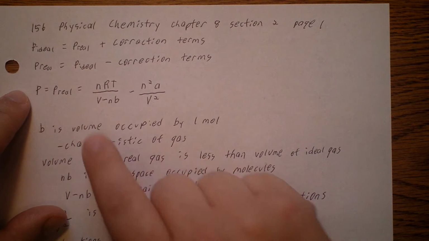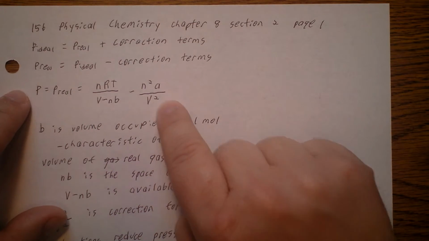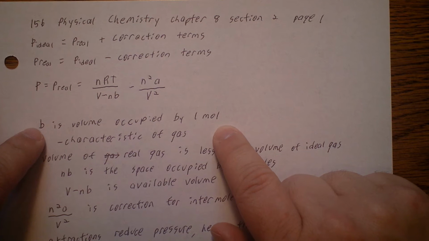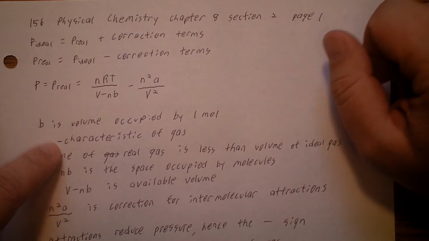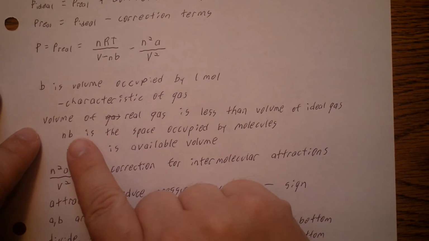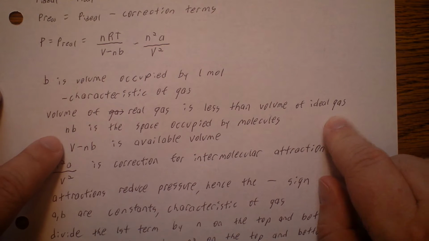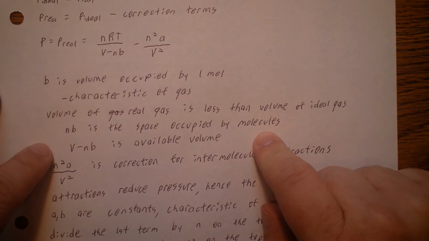So the pressure of a real gas is equal to nRT over V minus nb, minus n squared a over V squared, where b is the volume occupied by 1 mole, and this is characteristic of the gas. That means it's specific to the gas. Now, the volume of the real gas is less than the volume of the ideal gas, because nb is the space actually occupied by the molecules.